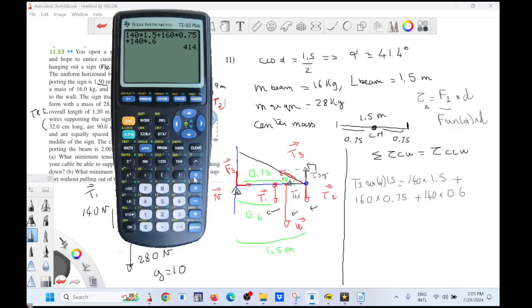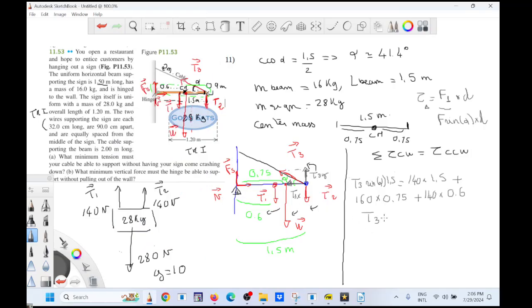You divide by 1.5, enter, you divide by sine 41.4. And you get about 417. So the magnitude here will be 417.